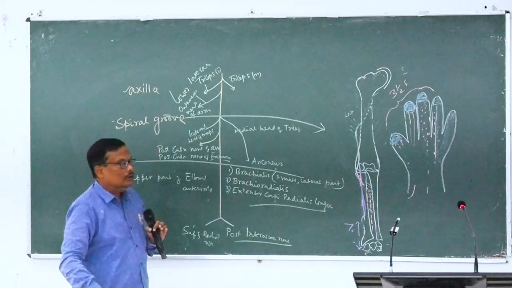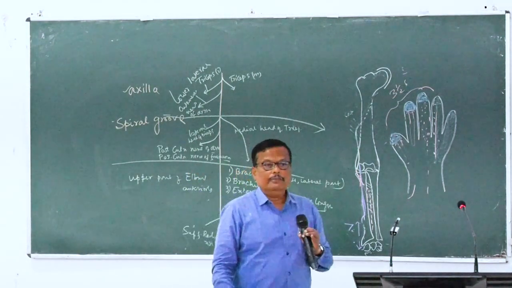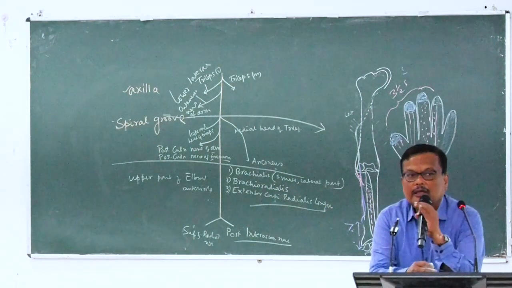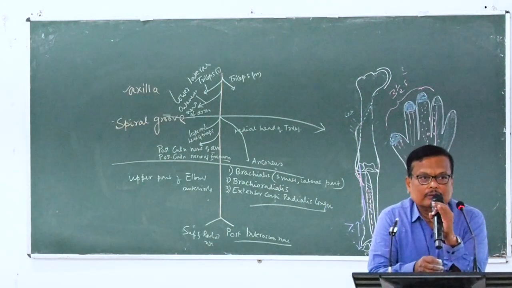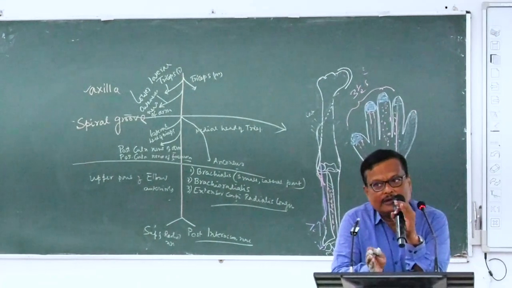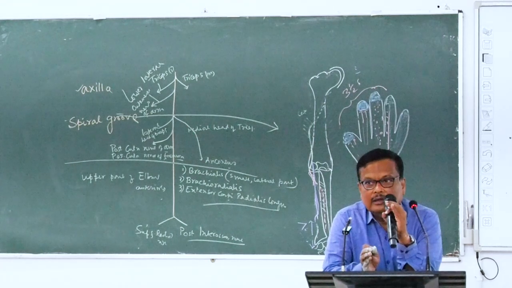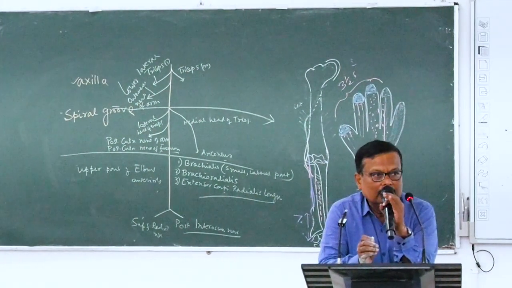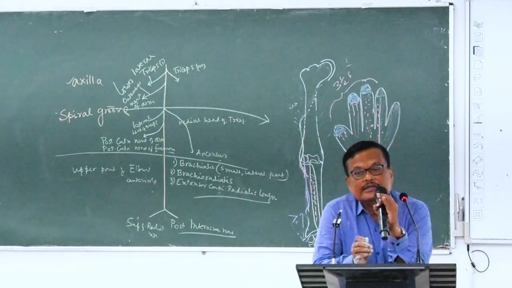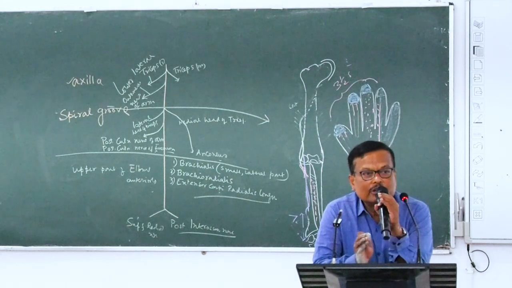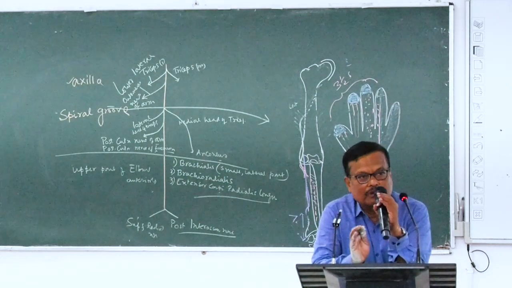I have told you, the posterior interosseous nerve, before entering the supinator muscle, gives a branch to the supinator. Then it enters the supinator and gives a branch to the supinator again. Number 3, after coming out of the supinator, it gives a branch to the extensor carpi radialis brevis. So extensor carpi radialis longus and brevis are done.